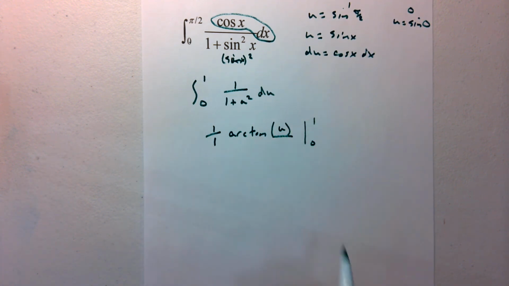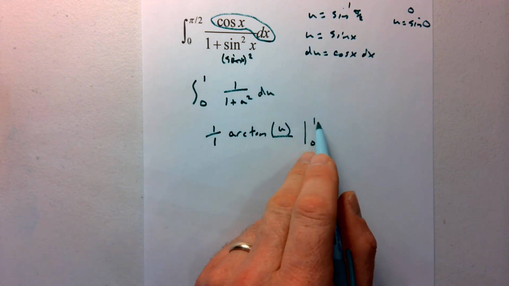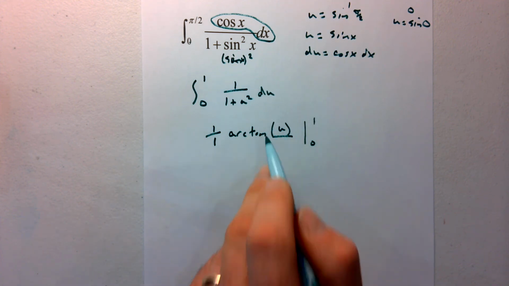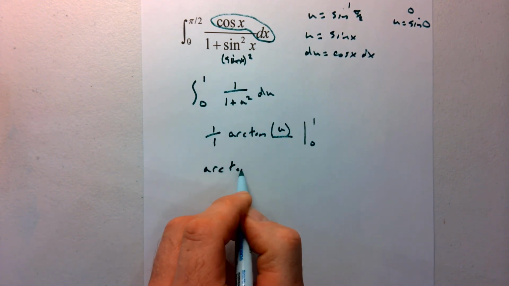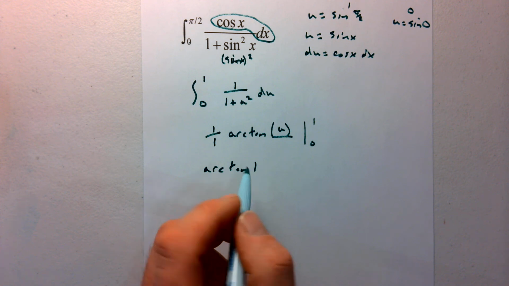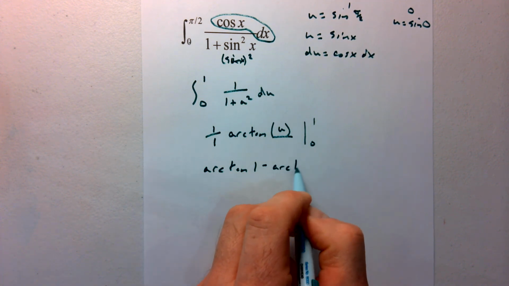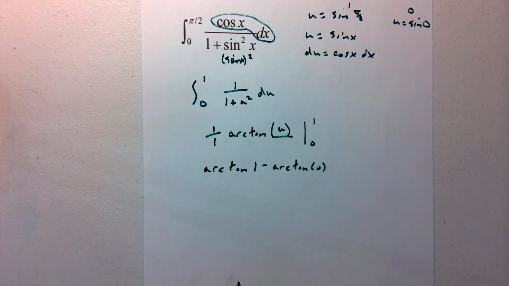And then we're going from 0 to 1. All right. So now we can go ahead and plug in the 1 and plug in the 0 and subtract the two values and get our answer. So we have an arctangent of 1 minus the arctangent of 0.